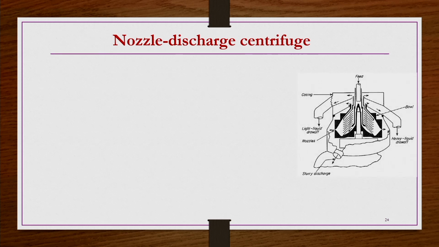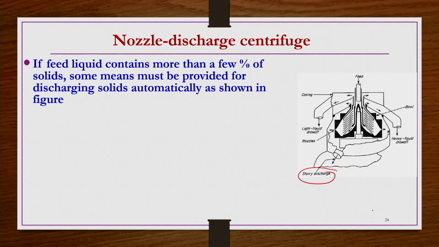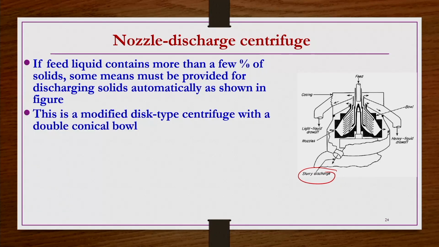Pictorially it looks almost like a similar disc centrifuge, but at the bottom there is a provision to collect the solids. If the feed liquid contains more than a few percent of solids, some means must be provided for discharging solids automatically, as shown in the picture. This is a modified disc type centrifuge with a double conical ball.